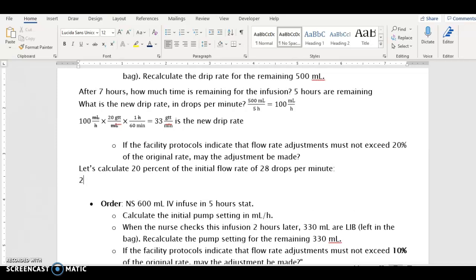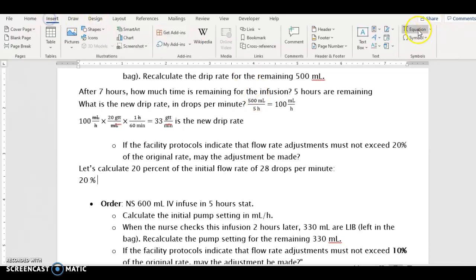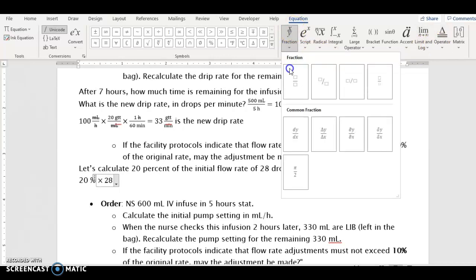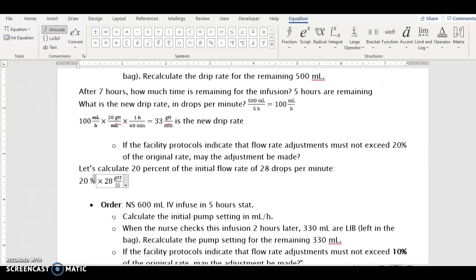What you're literally going to do is take 20% and multiply it by 28 drops per minute.